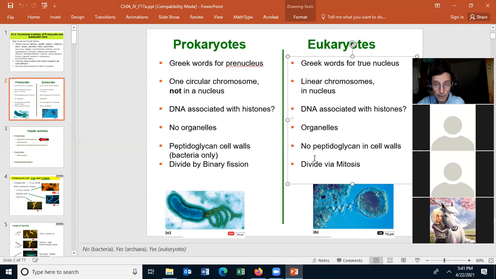The eukaryotes have no peptidoglycan in their cell walls, and of course animal cells do not have cell walls, so we don't have peptidoglycan either. Prokaryotes, when their cells divide, mostly divide by binary fission. Binary fission is where one cell literally splits into two.